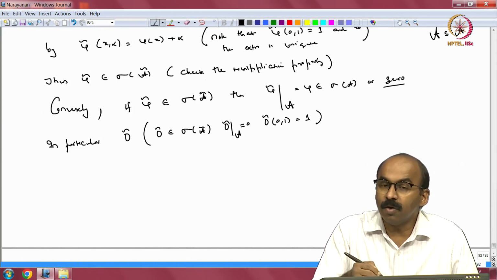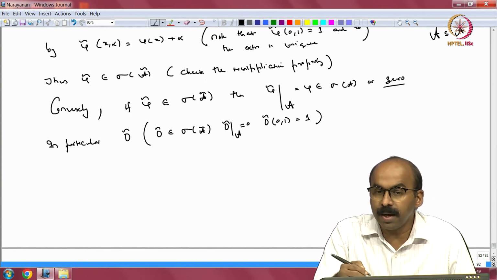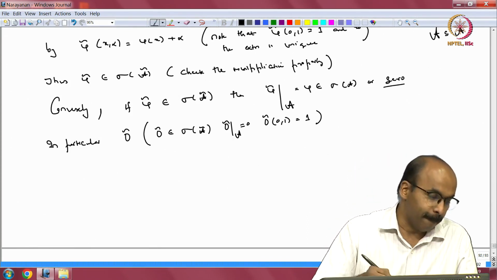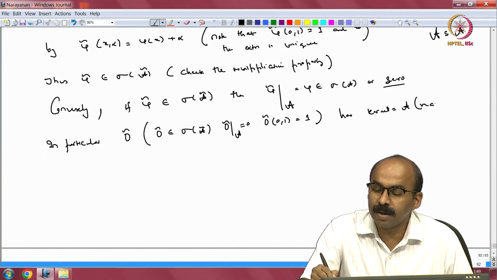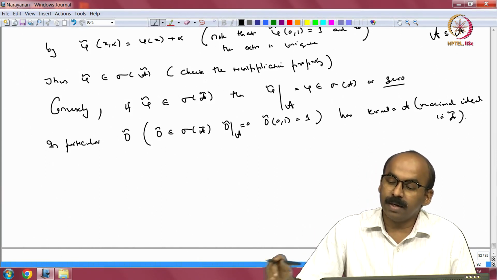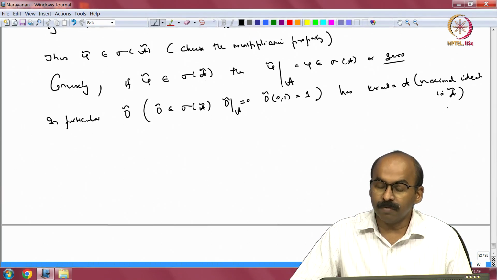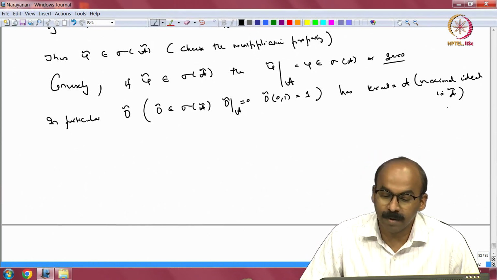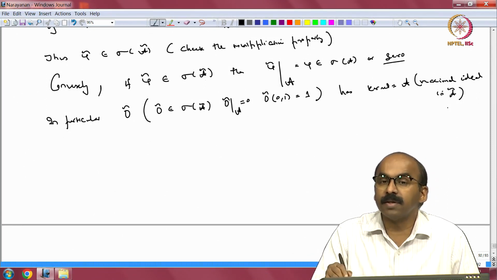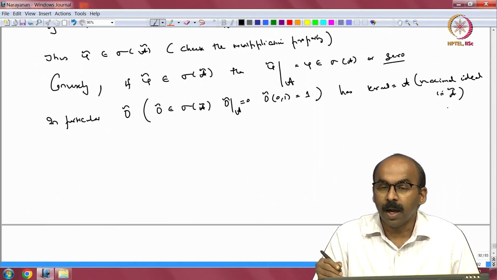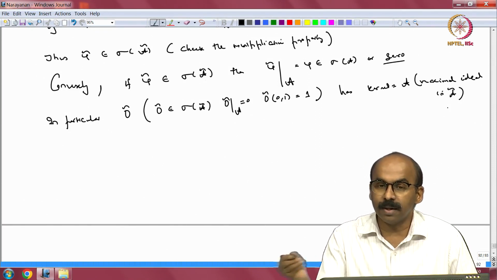A is the kernel of this 0 tilde, and so the maximal ideal corresponding to 0 tilde is A. Remember, if you have a commutative Banach algebra with identity, maximal ideals are kernels of multiplicative linear functionals. In this case, A can be identified with the kernel of this particular linear functional called 0 tilde, which is 0 on A, but 1 on the identity which is outside A, and then you extend it.